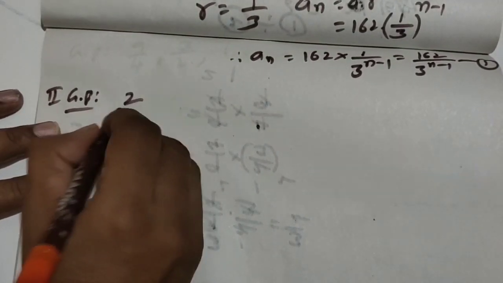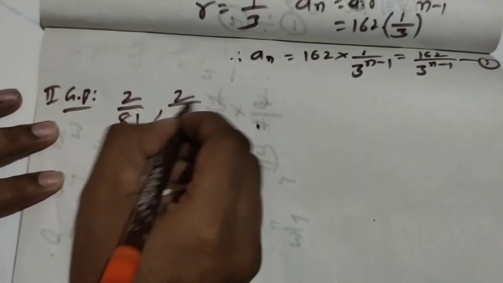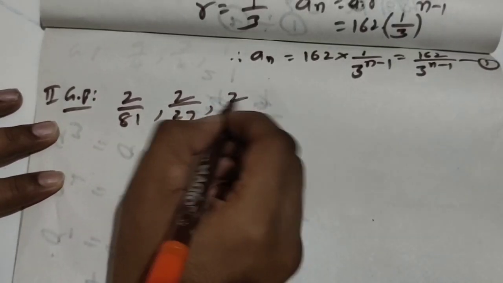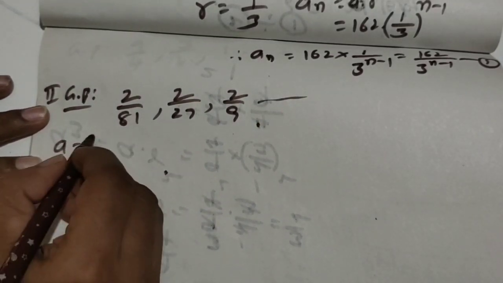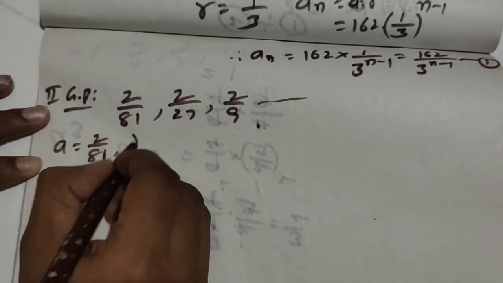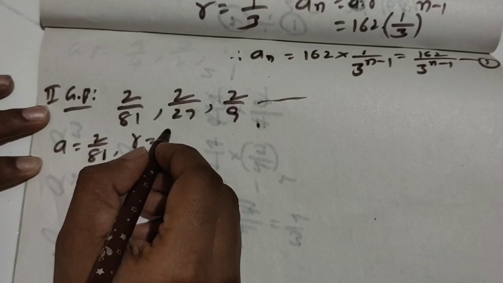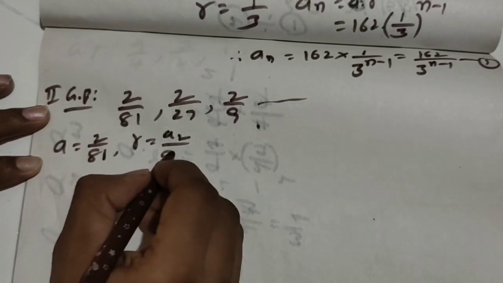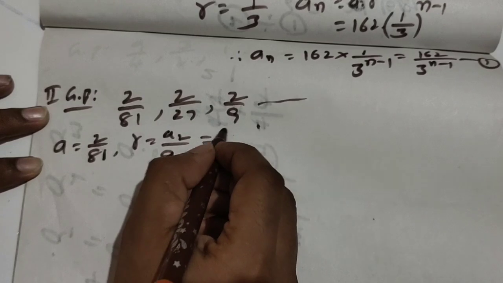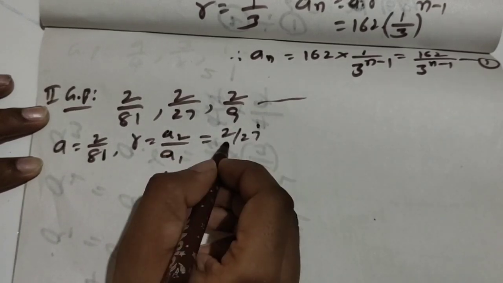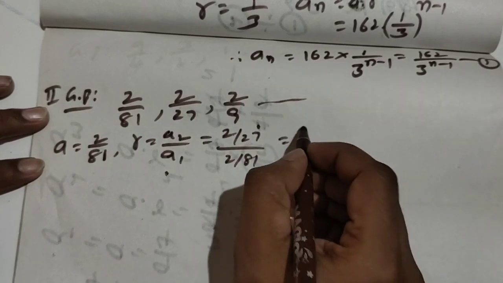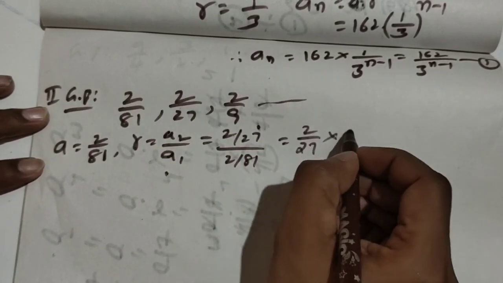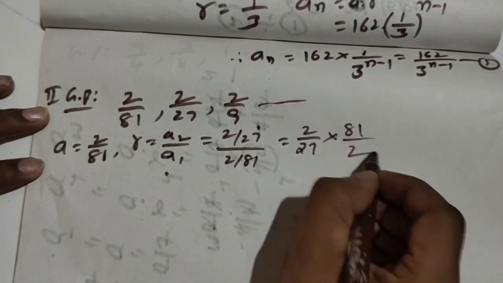So in the second GP also we have to find the nth term, that is 2 by 81, 2 by 27, 2 by 9, and here we have a value simply 2 by 81. R value is a2 by a1, so that is 2 by 27 divided by 2 by 81, so we can make it as 2 by 27 into 81 by 2.